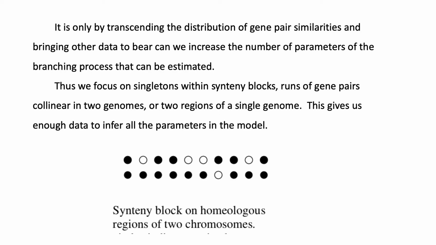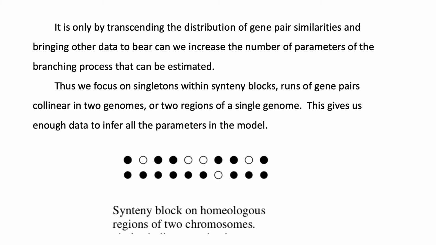To get around this, we look at the synteny blocks that gave the original data. These synteny blocks are subject to fractionation, and you can see the empty circles represent genes that are lost through fractionation, and each one of them has a partner which is not lost.